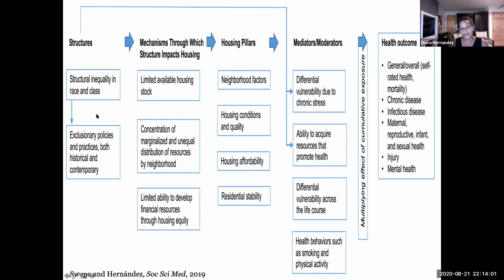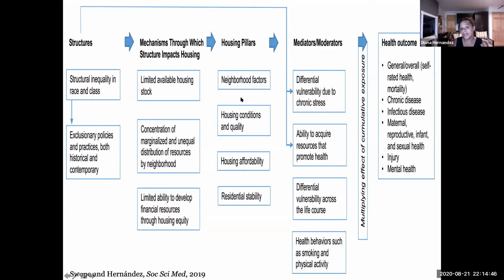So structural inequality in race and class and these exclusionary policies and practices, both historical and contemporary, lead to mechanisms by which these structures impact housing, which we describe as limited available housing stock, especially for some populations, the concentration of marginalized populations and unequal distribution of resources by neighborhood, the ability to distinguish between good and bad neighborhoods, and also the ability to develop financial resources through housing equity or to gain personal wealth through housing.